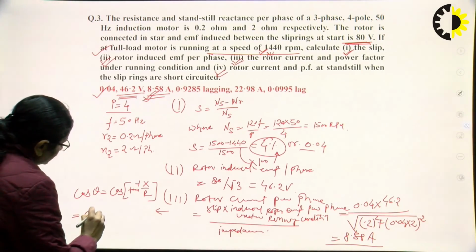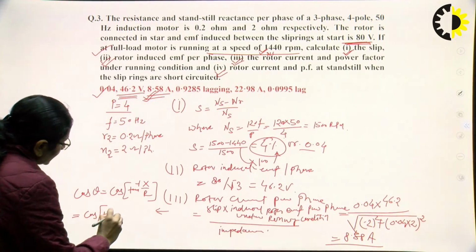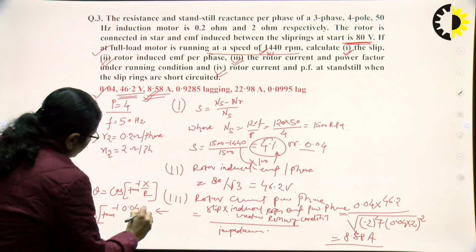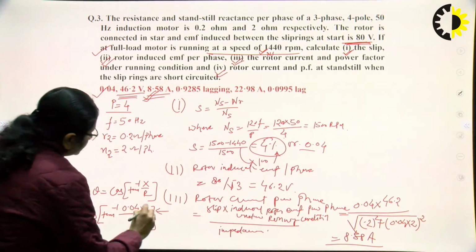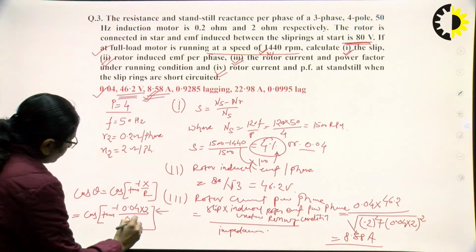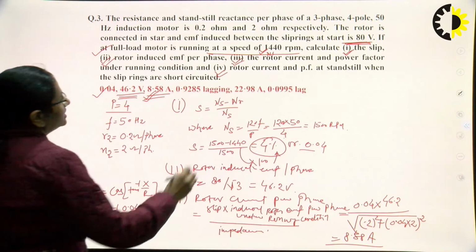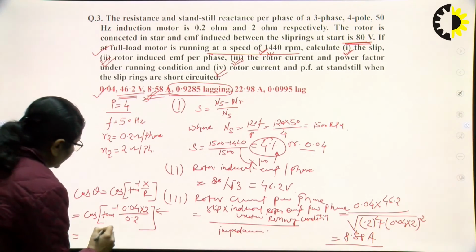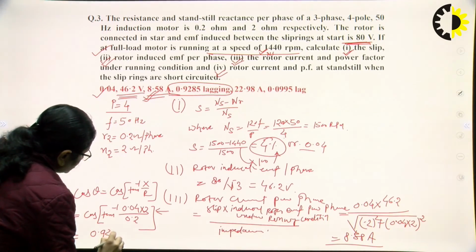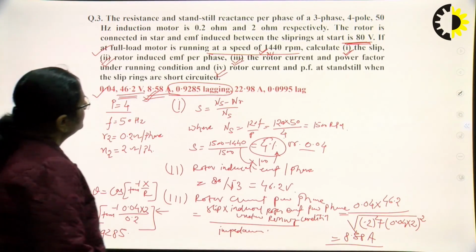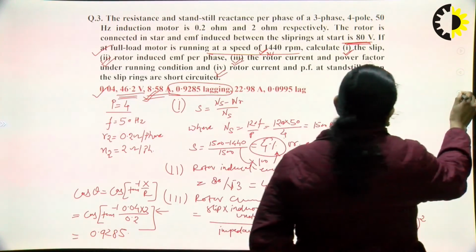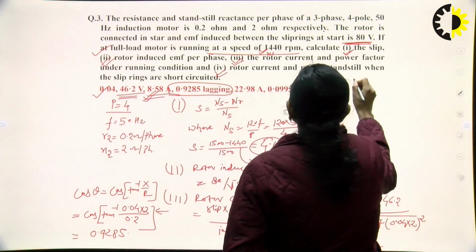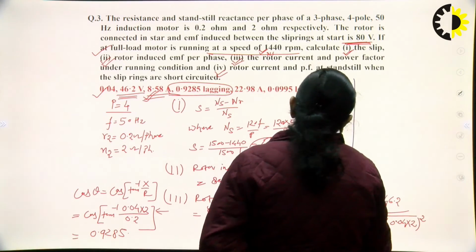So I can write it as cosine of tan inverse of 0.04 times 2 divided by the resistance of 0.2, and solving this, you will get the operating power factor to be 0.9285. Now I need to determine the next part of the question, the rotor current and power factor at standstill.